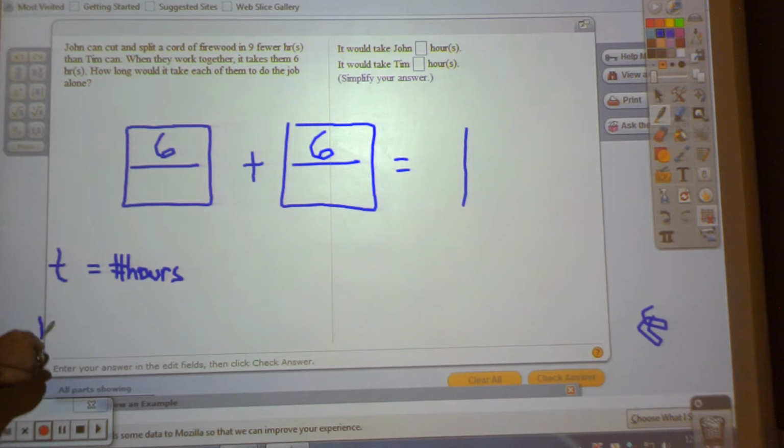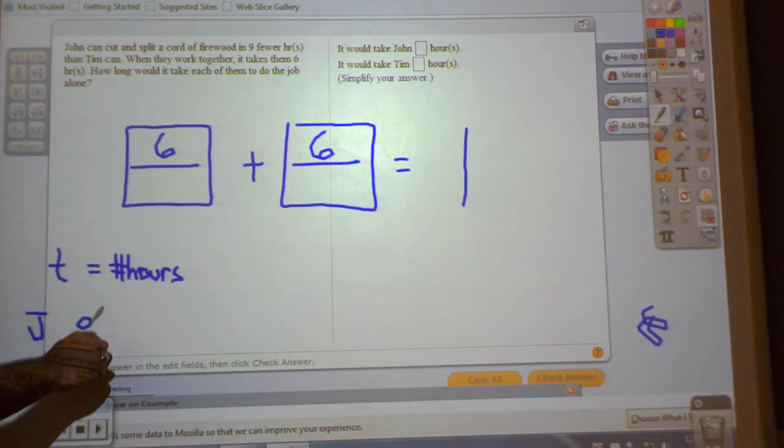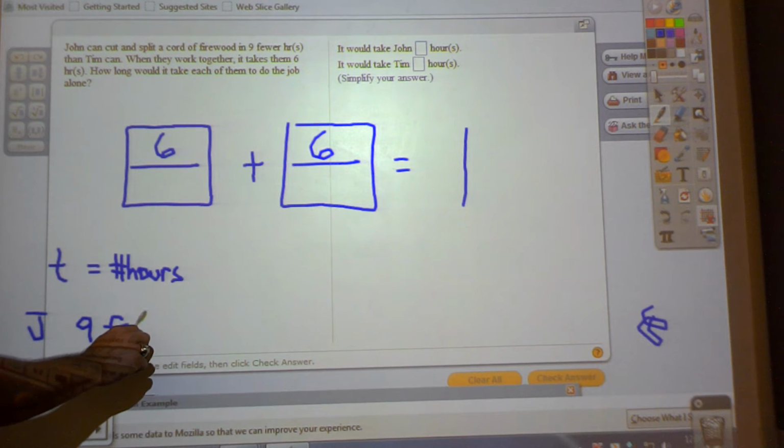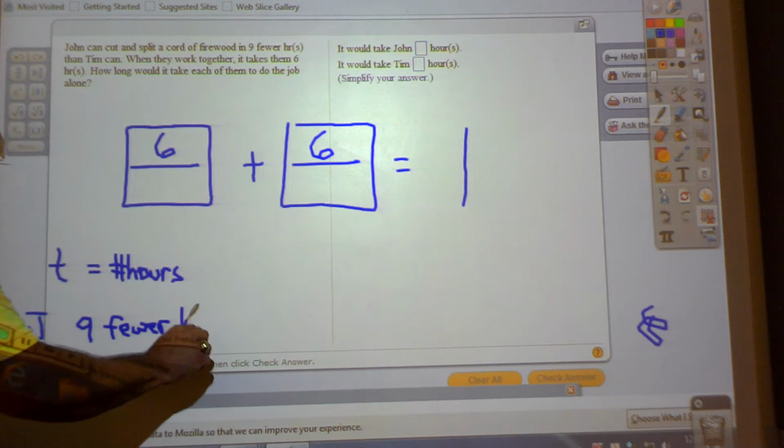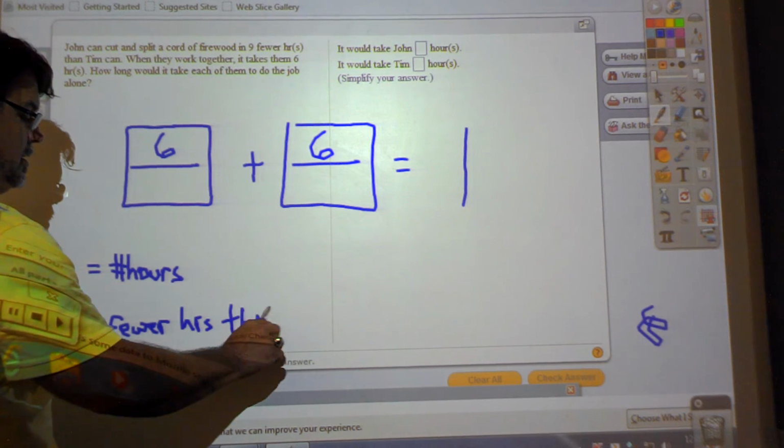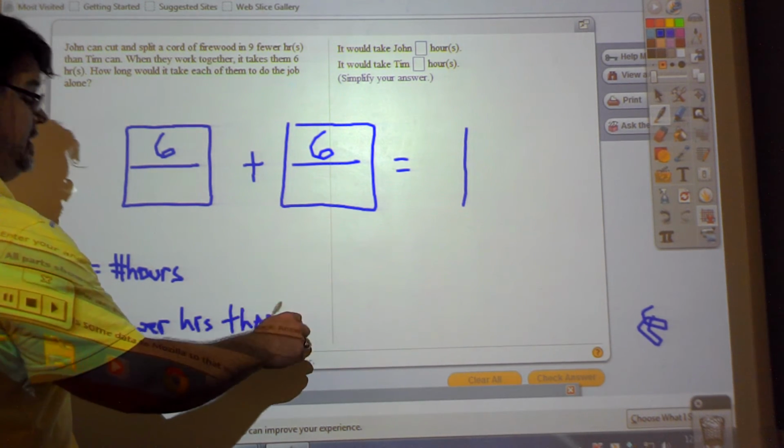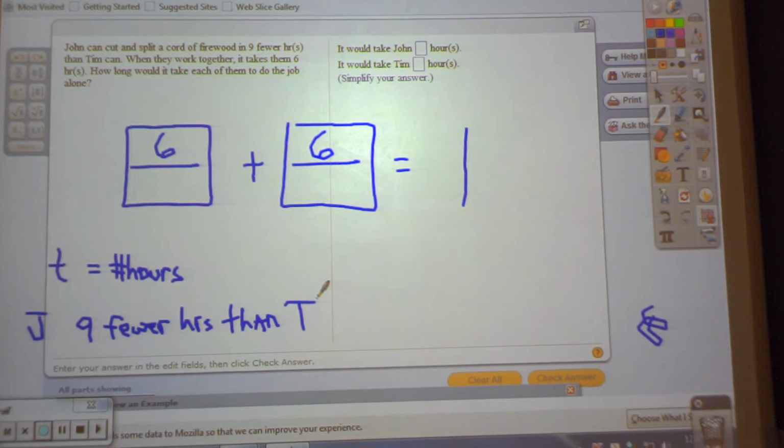it says John can cut a load of firewood 9 fewer hours than, what's his name? Tim. Okay, now back in grammar school, you should have been taught, or basic math, that when you see less than, more than, fewer than, when you see that word than, crisscross and put the symbol.